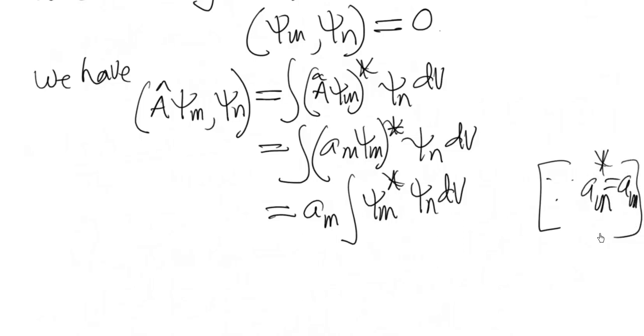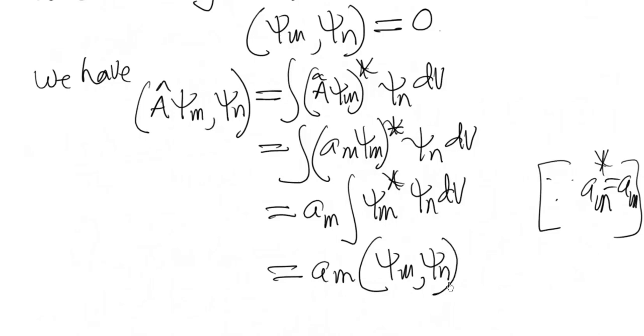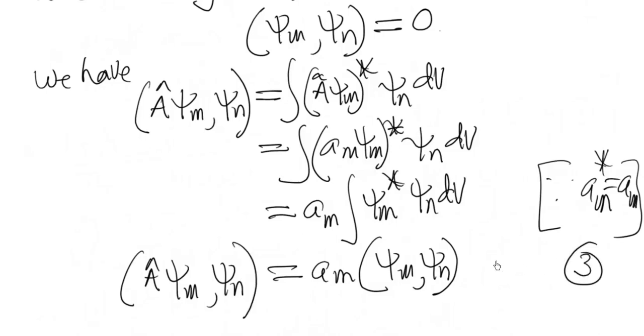Because eigenvalues are real, this can be written as inner product of psi m and psi n. This is from definition. Let us suppose this is equation 3.